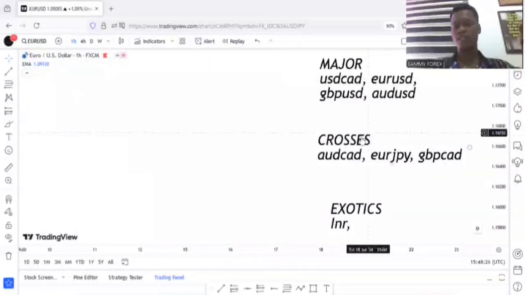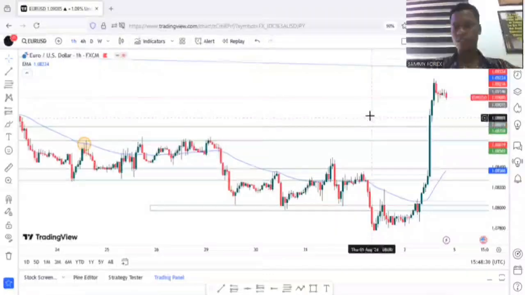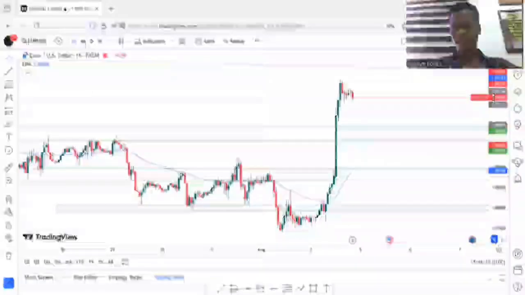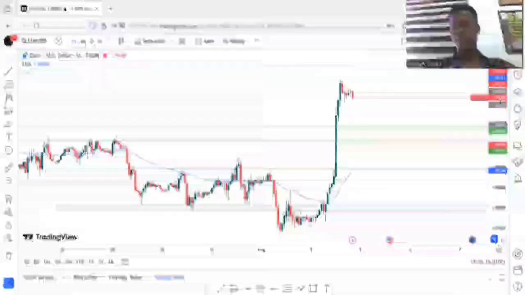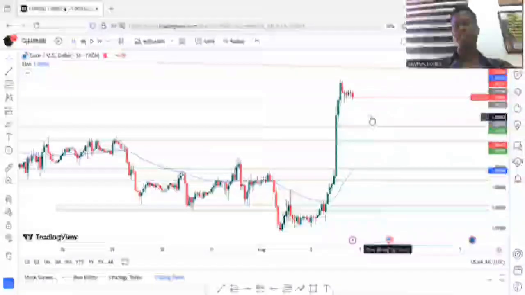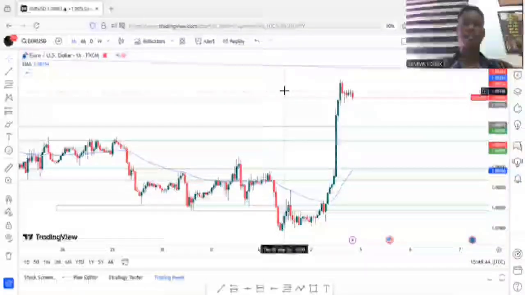Let's check it out. Let me go to the refresh button. You see, we have here 1.09085, which is the current price where the market is right now.